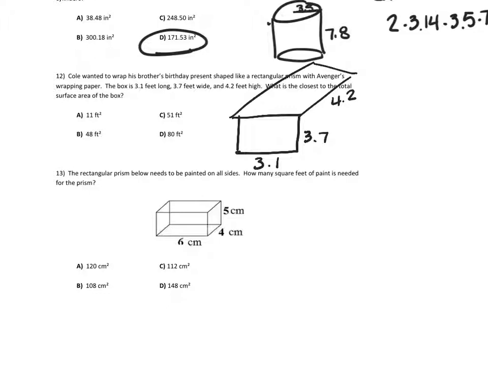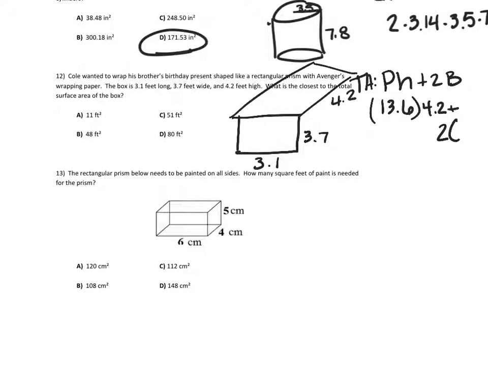Okay, so remember you do perimeter of the base, which we're using this right here, the perimeter. So 3.1 times 2 plus 3.7 times 2, that's the perimeter of the base. Okay, this is total surface area, PH plus 2B. So perimeter is 13.6 times the height, which is 4.2, plus 2 times the area of the base.